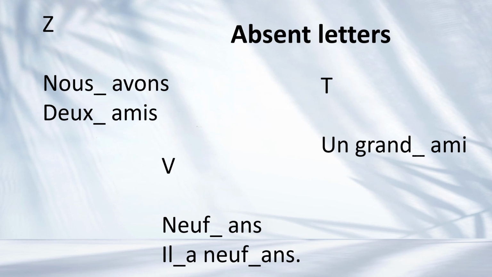Neuf, which means 9. So if you want to say 9 years, we're going to say neuf ans with a V sound. And in the sentence where we have he's 9 years old, we're going to have two liaisons. The first one with the il a, and then neuf ans.